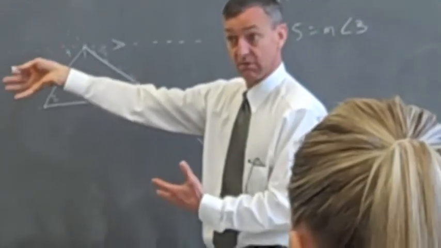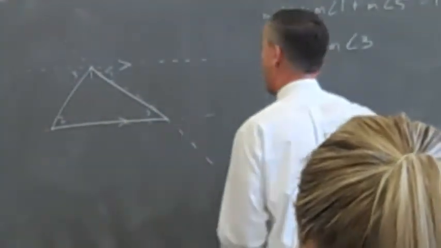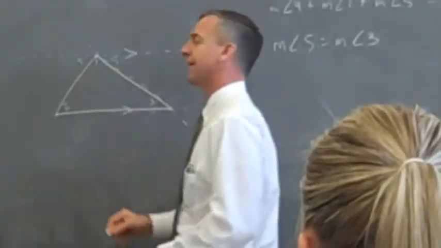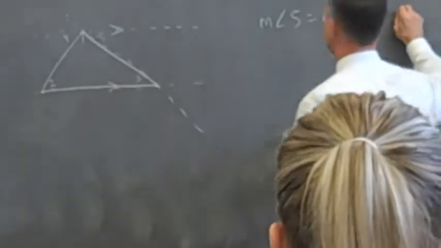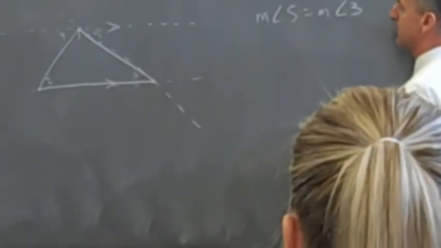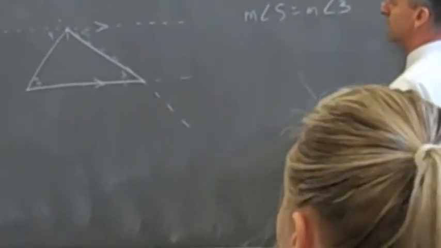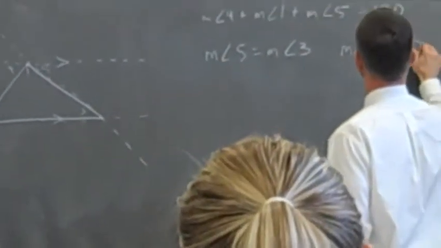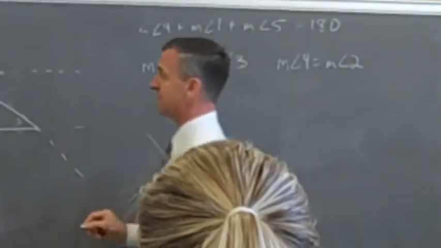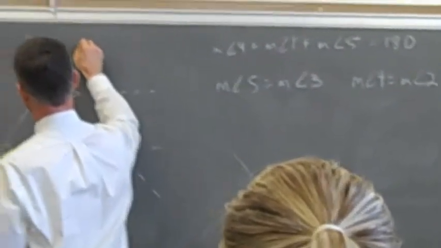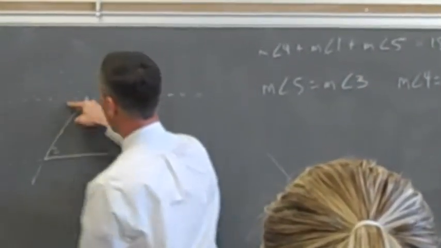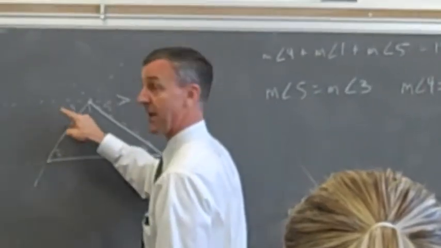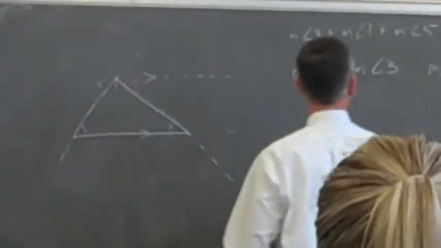That's what we just discovered, right? And we could also say the measure of angle 4 is equal to the measure of angle 2 for the very same reason. Here we've got two lines cut by this transversal, and those are what? As a pair? Alternate interior angles.